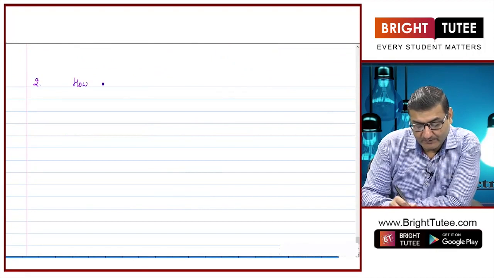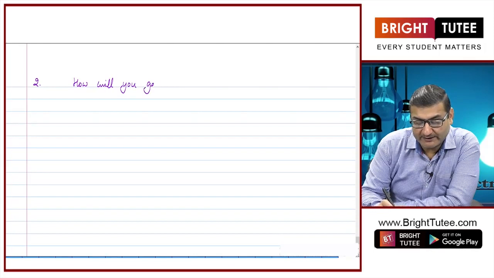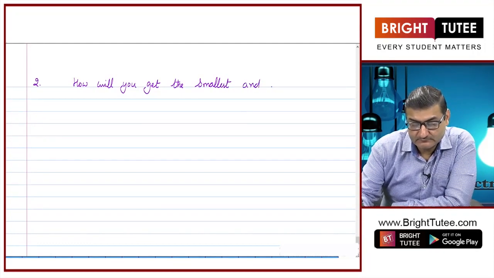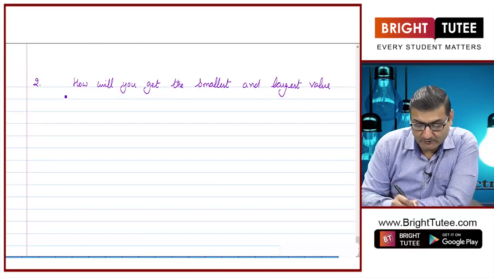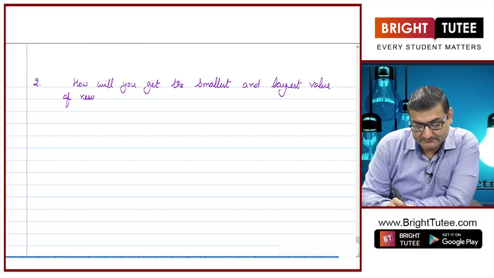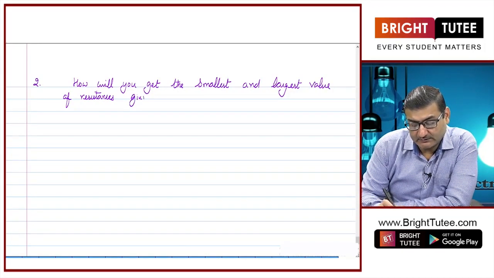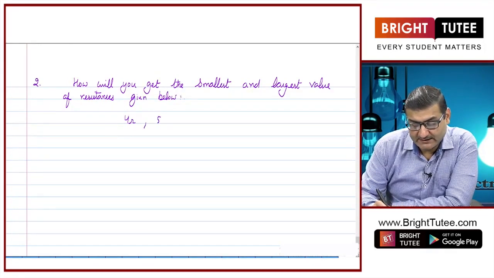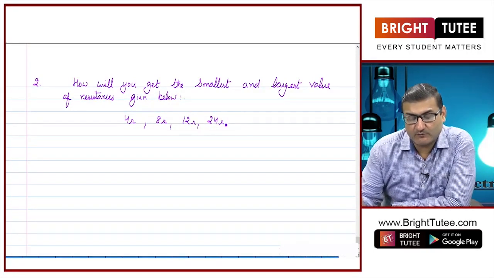how will you get the smallest and largest value of resistances given below? There is a 4 ohm resistance and an 8 ohm resistance and a 12 ohm resistance and a 24 ohm resistance.